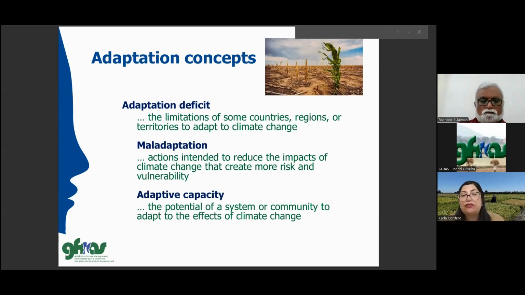Usually, poor countries have this adaptation deficit. Maladaptations are actions intended to reduce the impacts of climate change that instead create more risk and vulnerability. Adaptive capacity is the potential of a system or community to adapt to the effects of climate change.